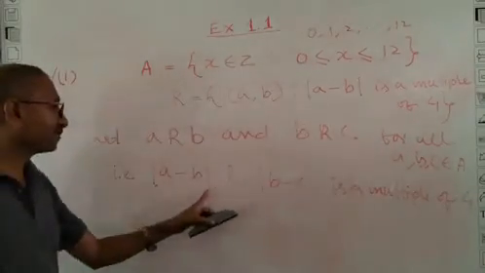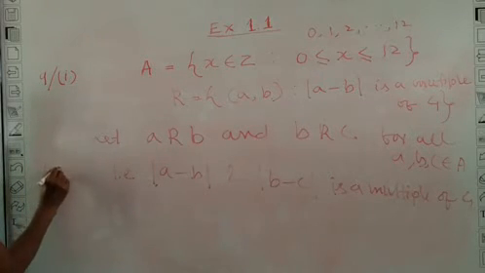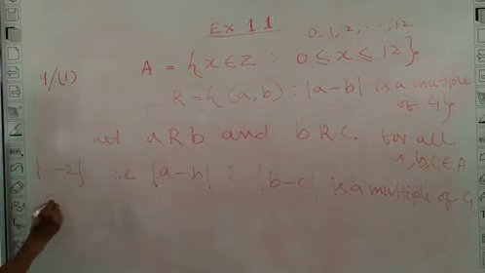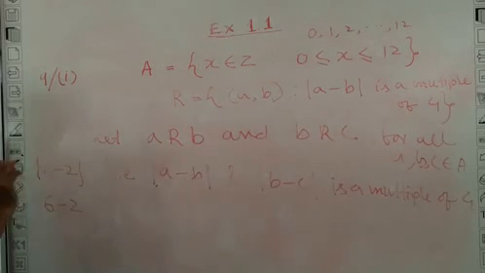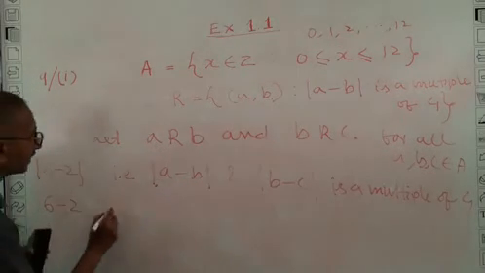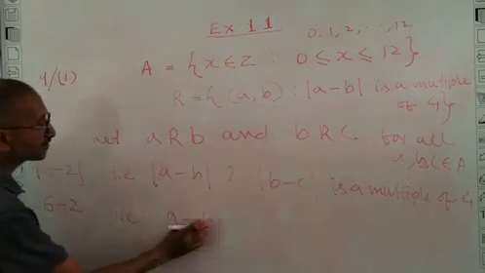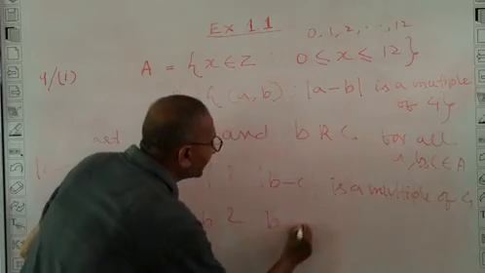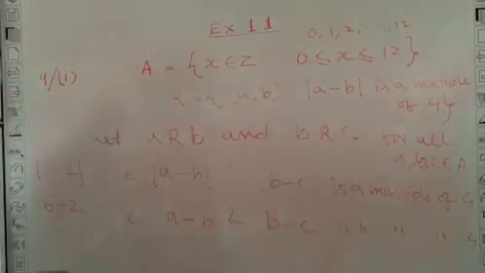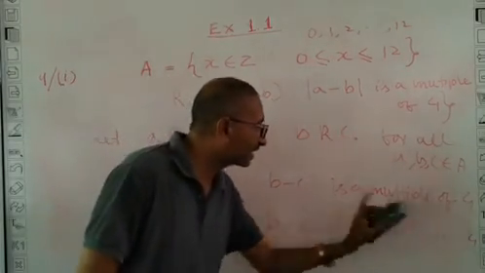If A minus B is a multiple of 4, say 6 minus 2 is a multiple of 4, can you tell me whether this is a multiple of 4? If this is a multiple of 4, then this will also be a multiple of 4. That is, remove the modulus sign: A minus B and B minus C are multiples of 4. Now we are coming to the end.